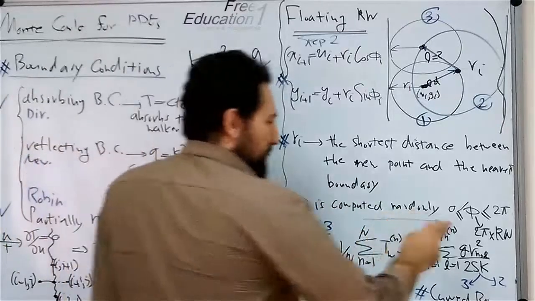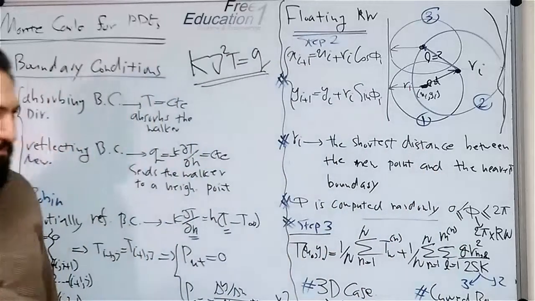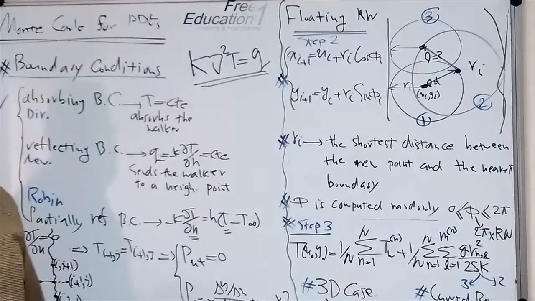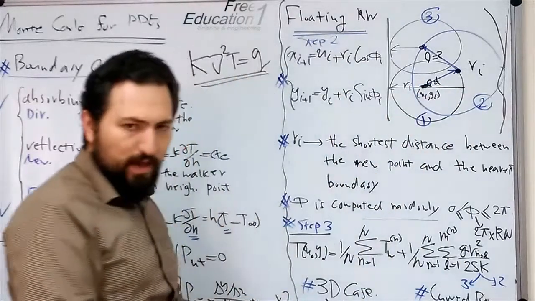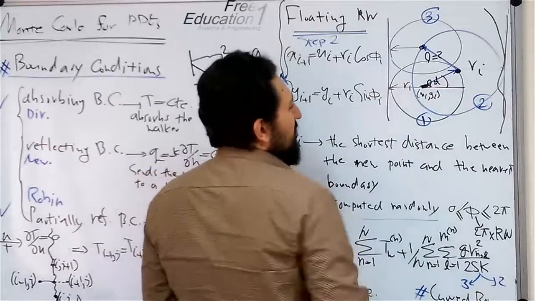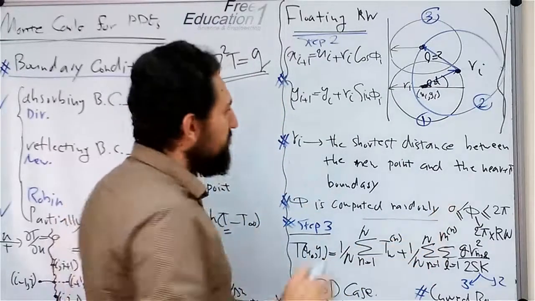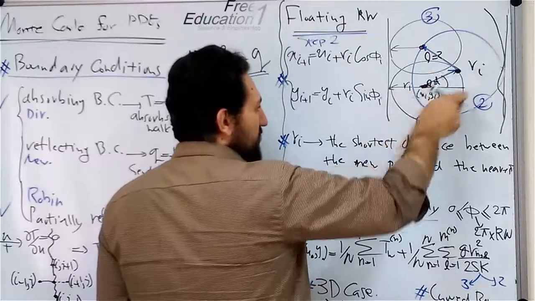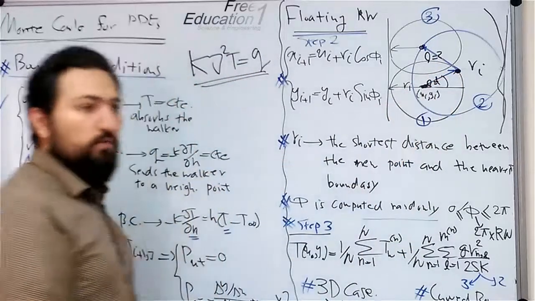So multiply it by this factor, and phi is the random angle which specifies the next location of the random walker at the next step. For instance, here is the origin of the angle phi, approximately 20 degrees, I think. This is phi, which has been computed completely randomly. And then move the random walker from here to this point. This is the circle, and this is the next position of the random walker at the next step.